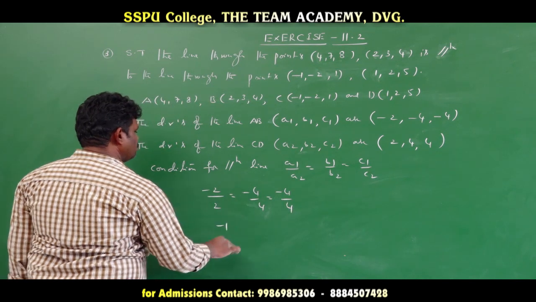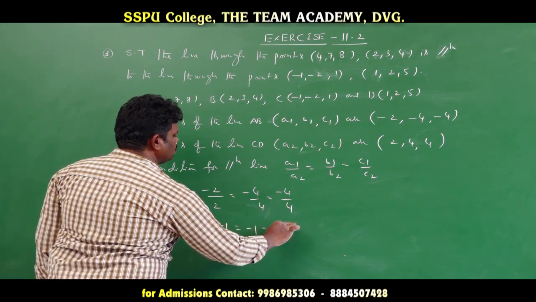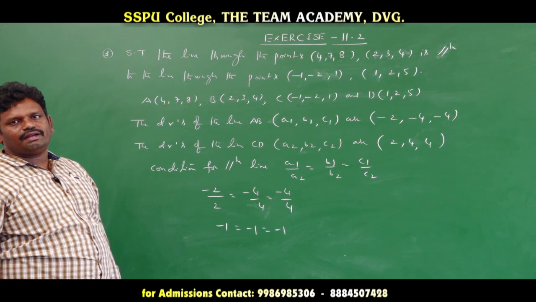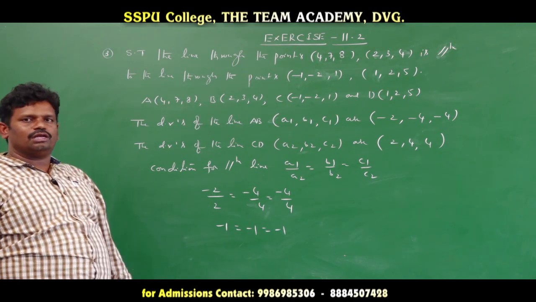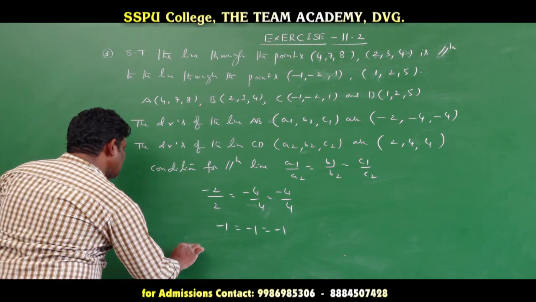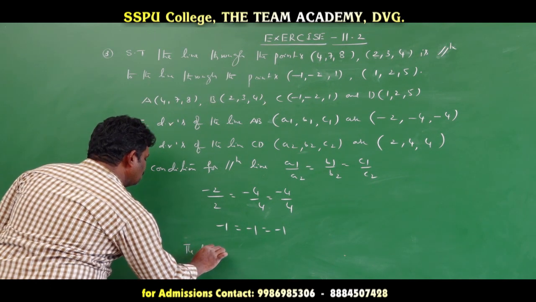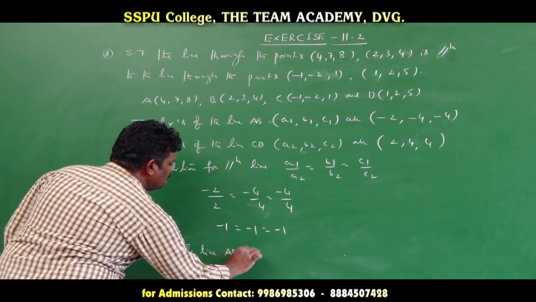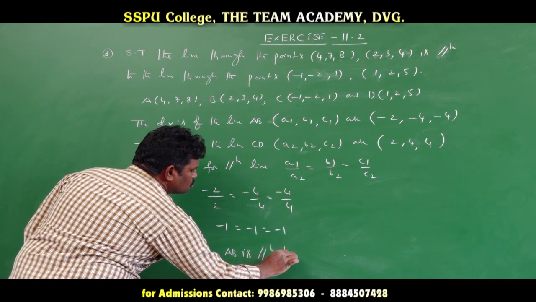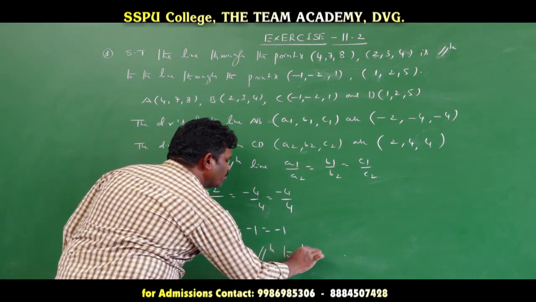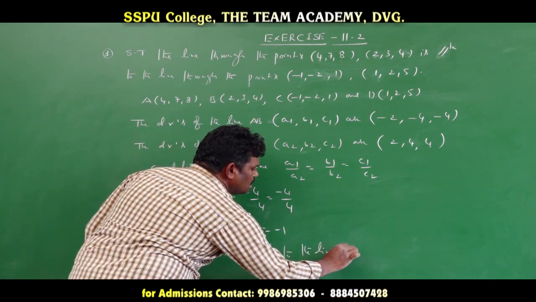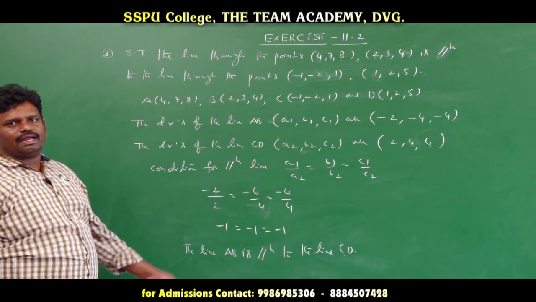The ratio is minus 1 is equal to minus 1 is equal to minus 1. So the given direction ratios are proportional. So that's why the line AB is parallel to the line CD.